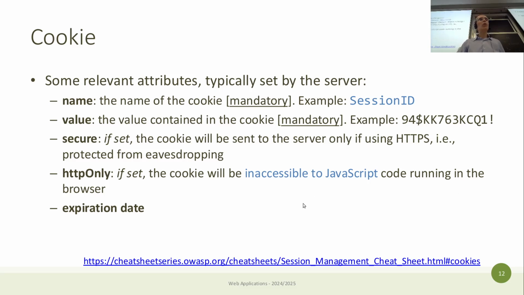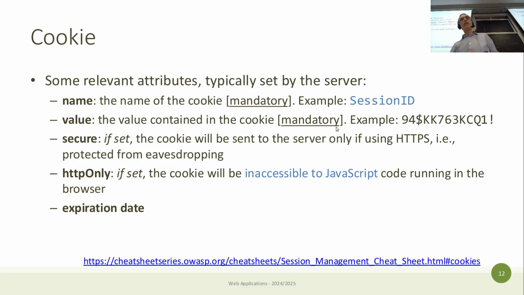The cookie is made of some attributes which are set by the server. Two are mandatory, so it means you need to set them compulsorily when you decide to create a new cookie: of course, the name and the value. Each cookie has a name and a value that you need to decide.